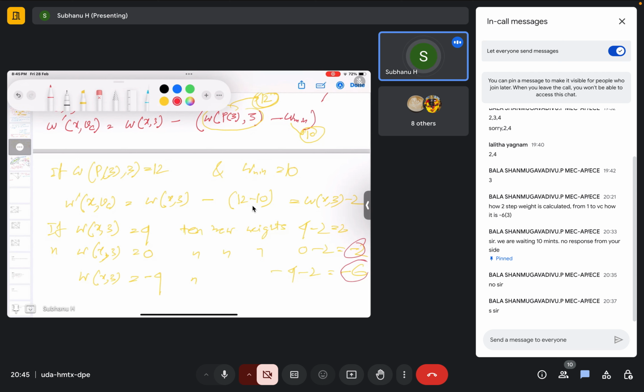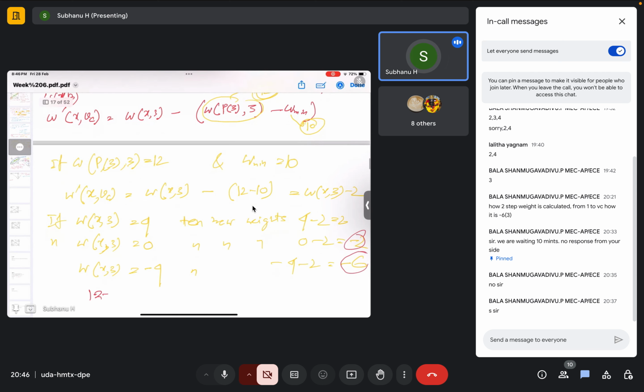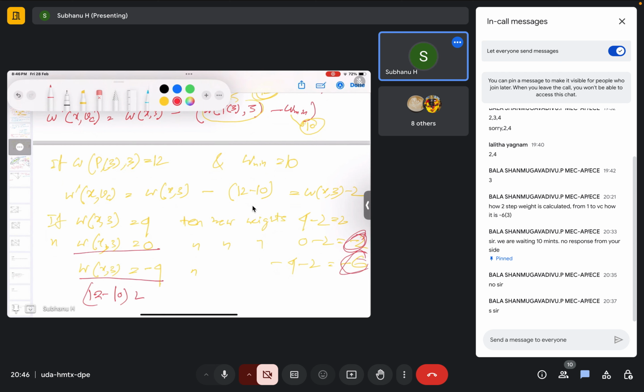So what was our penalty? Penalty was 12 minus 10, which was 2. But we got minus 2 and minus 6. If W x3 is 0, W x3 minus 4. Fine. So that's why, because we have seen some negative results here.